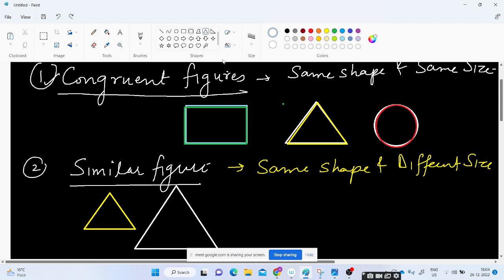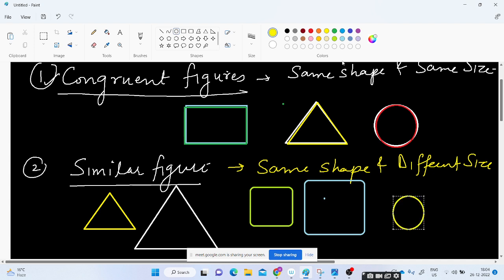Similarly, you can also take two squares. Shape is the same, size is different. You can also take a circle, and the other one is little.